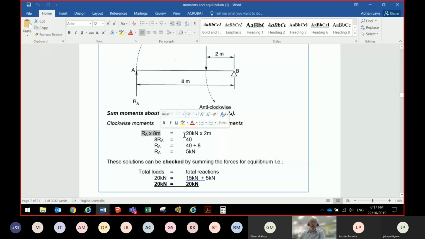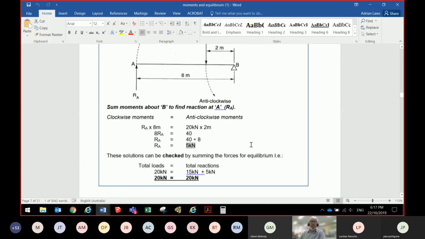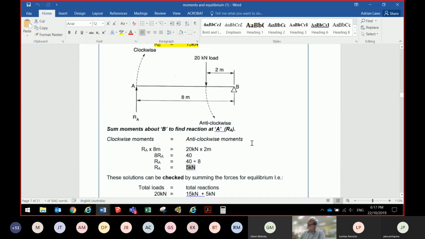Resistance A, 8 meters apart, is equal to 20 kilonewtons, 2 meters apart. Reduce it all down and you come to 5. So that means we can look back at this and say this one here is 15, this one's 5, and then 15 plus 5 equals 20. So that's a real simple one there.